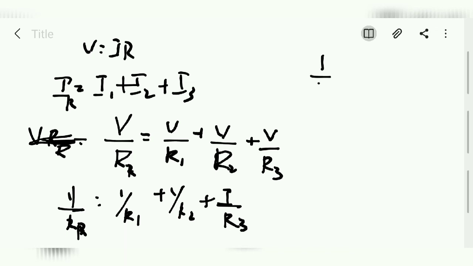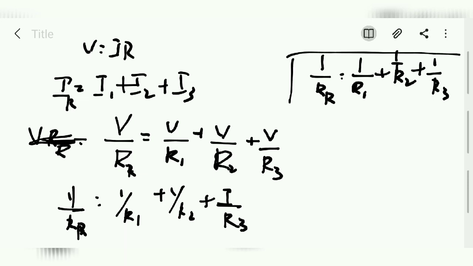So in case of parallel, 1 by R resultant is nothing but 1 by R1 plus 1 by R2 plus 1 by R3. So this is what happens when the resistors are connected in parallel. The resistance in series gets summed up, but whereas in parallel this is how you need to represent it. Easy. So hope I made this very simple.